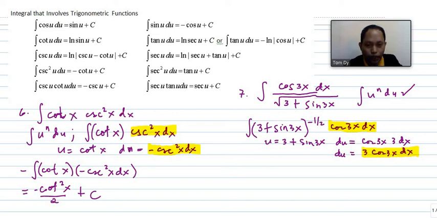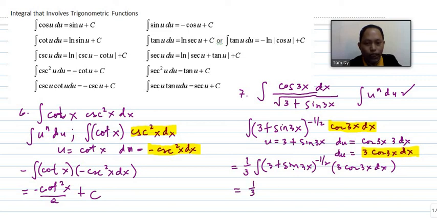So we will rewrite this one. Since this is 3, I will write its reciprocal, 1/3, and then 3 plus sine of 3x raised to negative 1/2, times 3 cosine of 3x dx. Take note, this is our u to the n du, which is equivalent to 1/3 u to the n du.